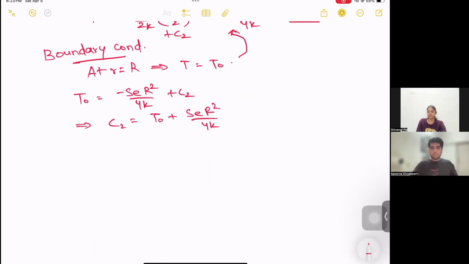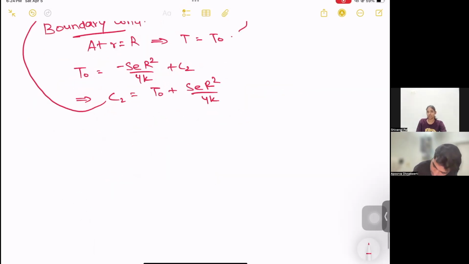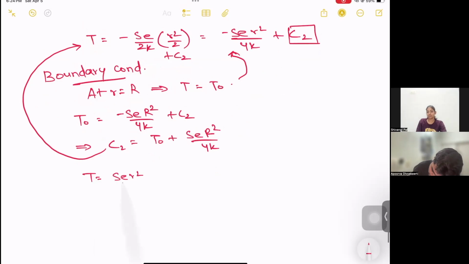Now we'll substitute this C2 into our above equation and we'll get our final temperature profile equation. So our final temperature profile equation will come out to be T equal to minus SCR square by 4k plus SC capital R square by 4k plus T naught.